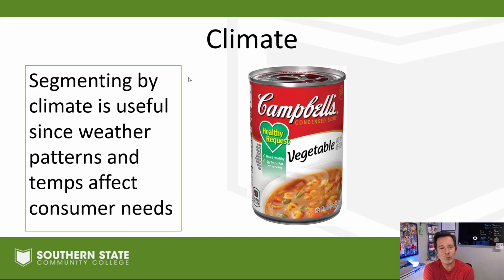Campbell's is known for running radio spots and television advertising when the weather turns bad. Because when the weather turns bad, snow's predicted, temperatures drop and stay down for a while, people will buy more canned soup. Campbell's wants to make sure that people pick their soup out as opposed to someone else's. And so they'll run a lot of advertising during bad weather times, especially in the winter. And so we can segment by climate.